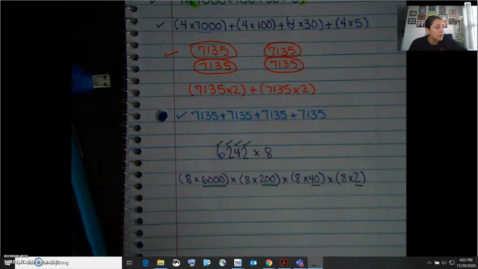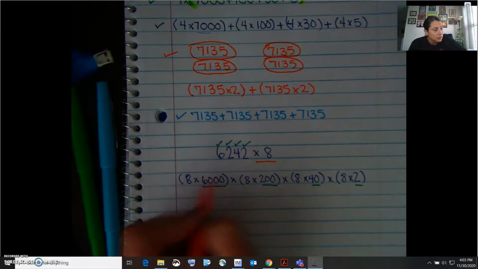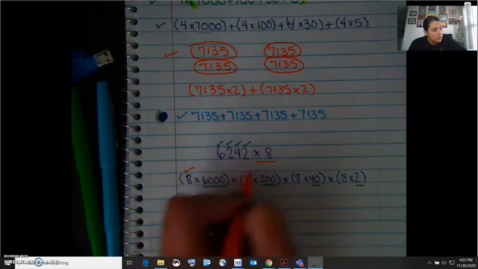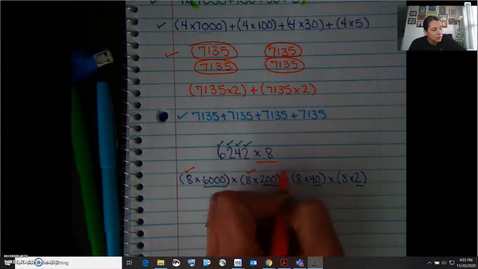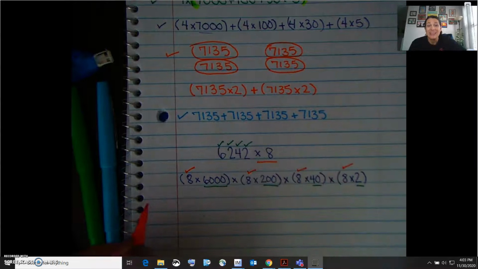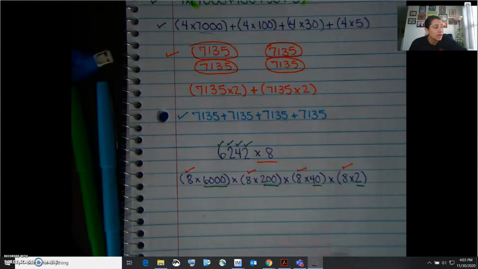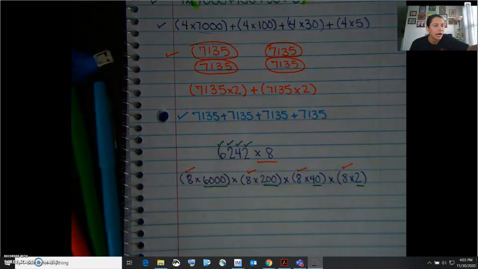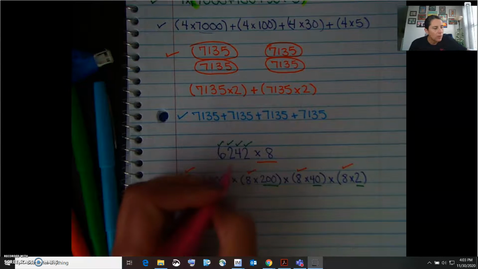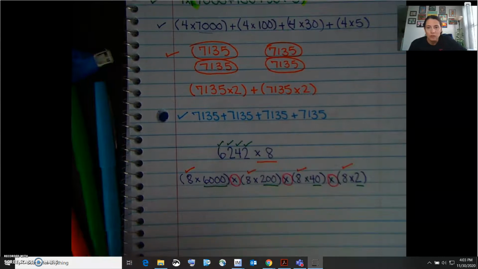The next thing that we have to check is, did they multiply by 8? Multiplied by 8, multiplied by 8, multiplied by 8, multiplied by 8. Now the next thing is what we know about expanded is we have to add all those together. So we have to check, did they add them all together? And what do we notice here? What did they do?